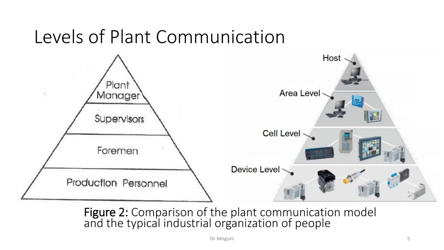This is what I put on the slide, where I can give you a better understanding of these levels of plant communication. If you look at the pyramid on the left, this is what we as human beings are used to when we go to a work environment, where at the device level, right at the bottom, when you compare to us, this is where you get your production personnel, okay?